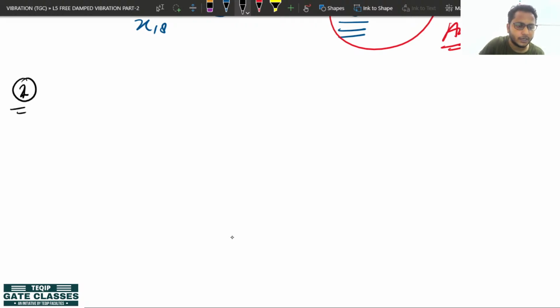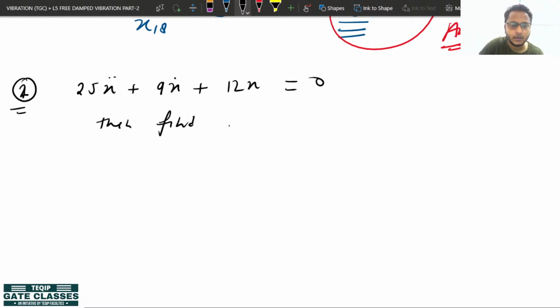So I am writing this: 25 x double dot plus 9 x dot plus 12 x equals 0. Okay, so now we are going to find out the value of, first, the type of system, the type of damped system.